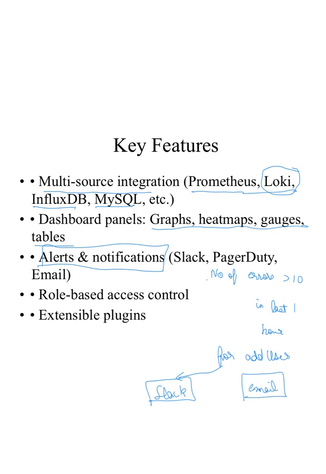You can configure it and your team can take decisions. This is called alerting and you can get notifications. Role-based access is also there. That means one team can view their own data, and other teams can view their respective data. And a lot of plugins are present in the market which can enhance your experience.